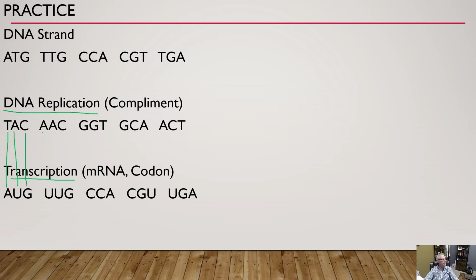C to G, A to U, A to U, C to G, G to C, and so on. So the process is very similar except for our A's to U's. And that's just transcription. We've taken our DNA and we've made an mRNA strand out of our DNA.